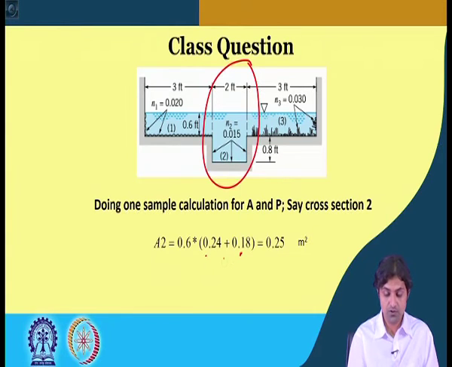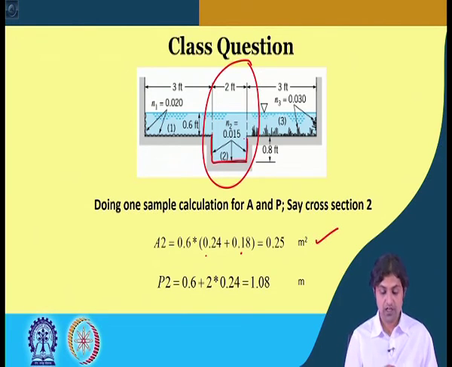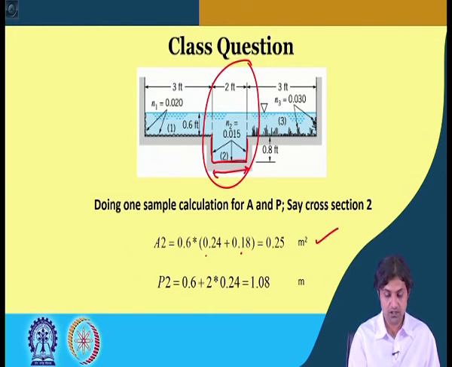So, area is 0.6 multiplied by 0.42, which is 0.25 meter square. Similarly, the wetted perimeter is only this one plus this one plus this one. This is 0.6 meter or 2 feet, and this one is 0.8 feet, which multiplied by 0.3 is 0.24, and we have 2 of those. So, 2 into 0.24, and this gives us 1.08 meter.